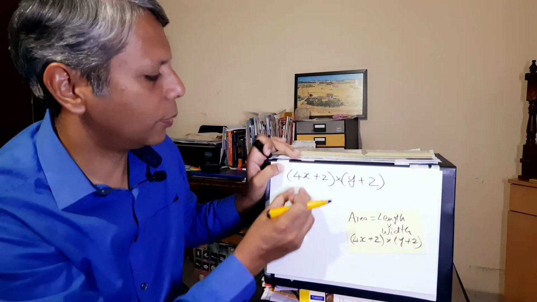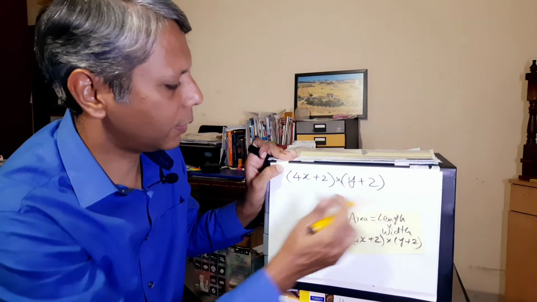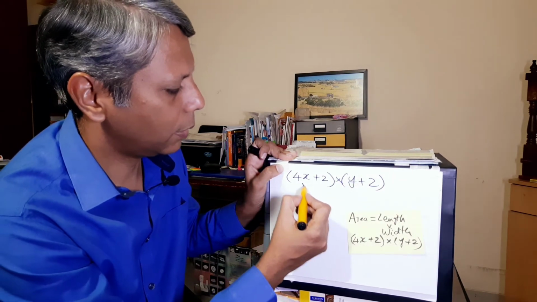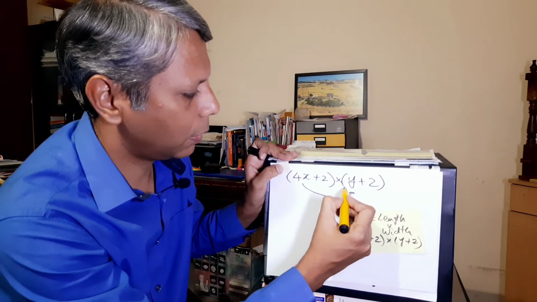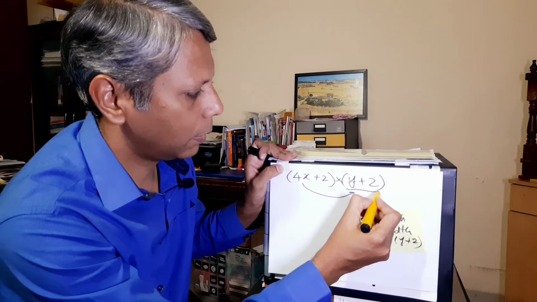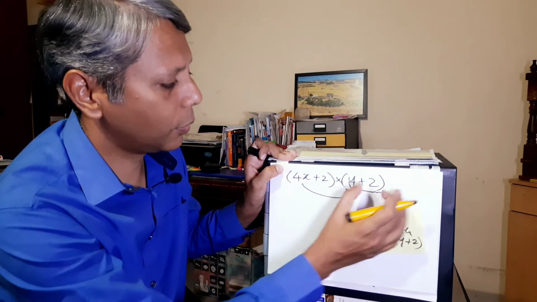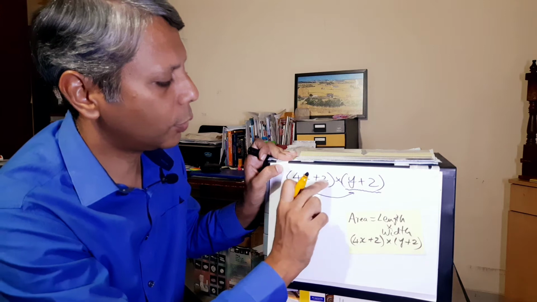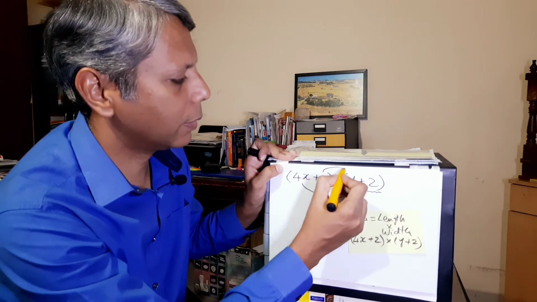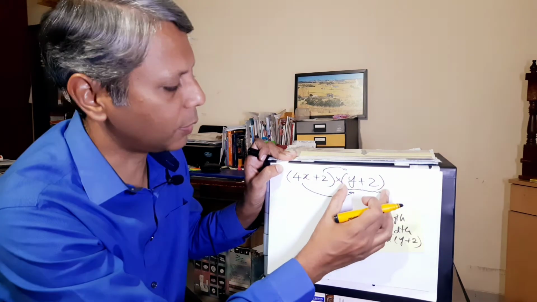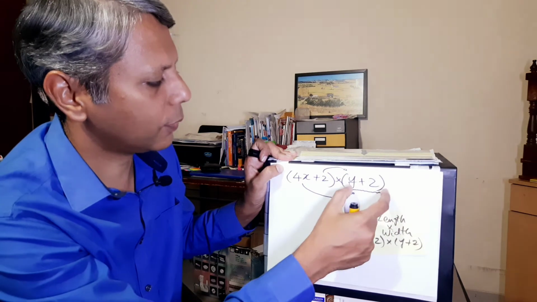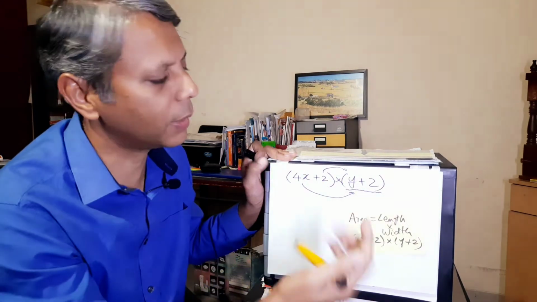So what you do is you multiply 4x into this entire thing, and to this you add 2 into this entire thing, everything that's in this bracket. So you can do it either way. You can put this in front or this in front, it doesn't matter.